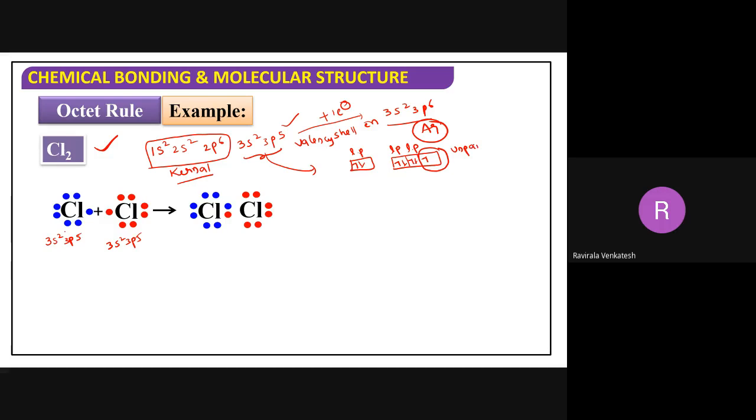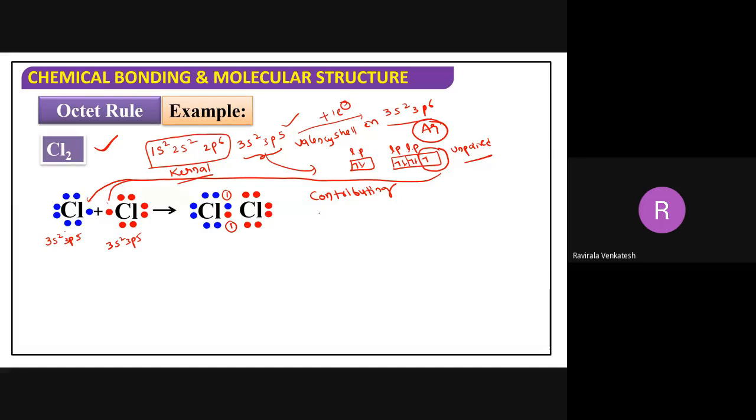Now which electrons generally undergo chemical combinations? Unpaired electrons, right? This one is an unpaired electron, and this one also. Now they are sharing. This chlorine contributes 1 electron, and this chlorine also contributes 1 electron, contributing equally and sharing equally.